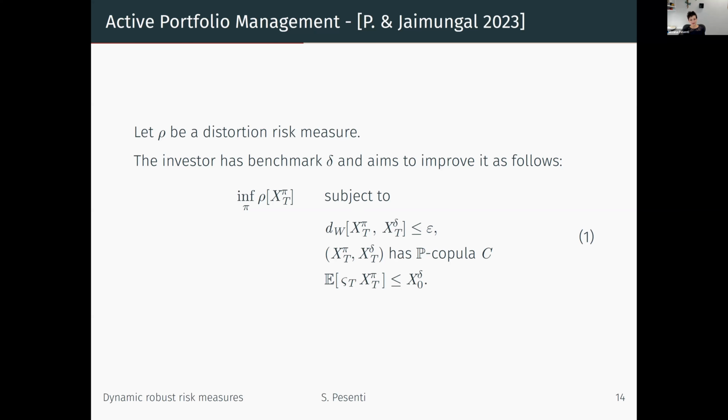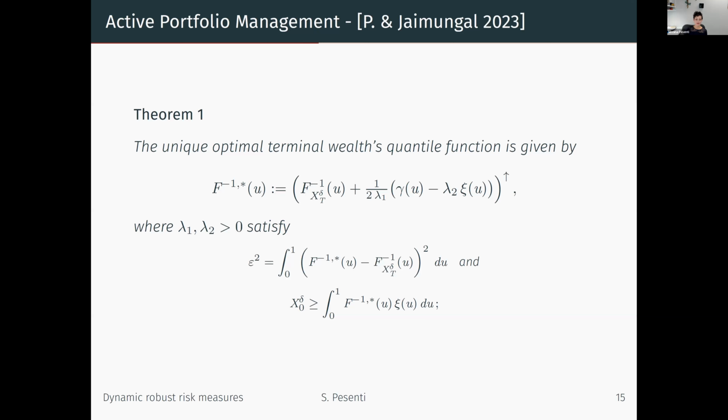So F star will be the distribution of your portfolio, and what we see here is a linear combination of the benchmark quantile, where F_X delta inverse is the quantile function of the benchmark at terminal time, the wealth. Then the gamma is again coming from the risk measure, and this is a function that derives a transformation of a state price density.